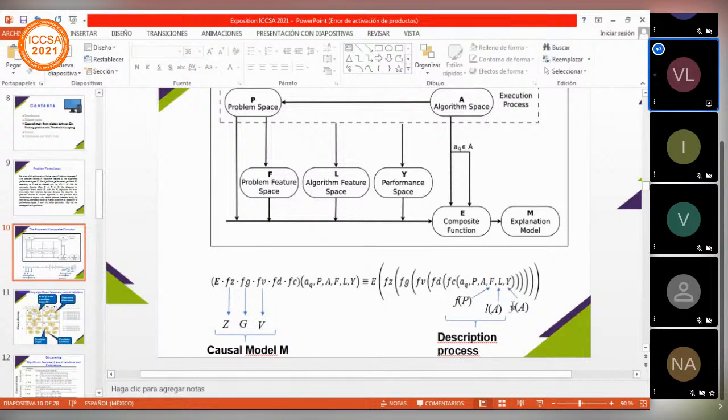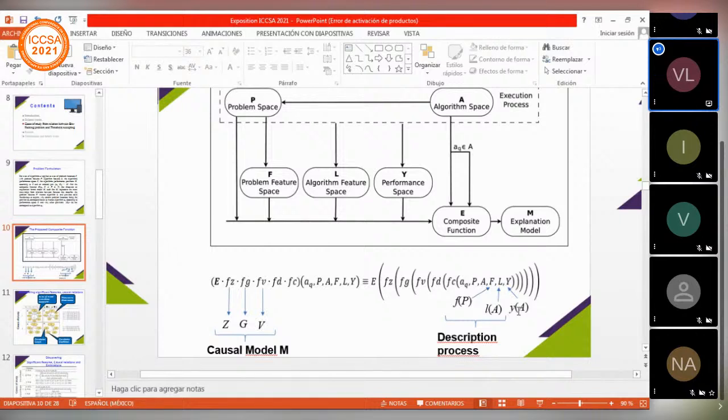The functions F and L perform a description process before and during execution of algorithms to obtain features that represent information about sets P and A. So, it means problem and algorithm, okay? The function Y evaluates the algorithms by means of a set of performance metrics.